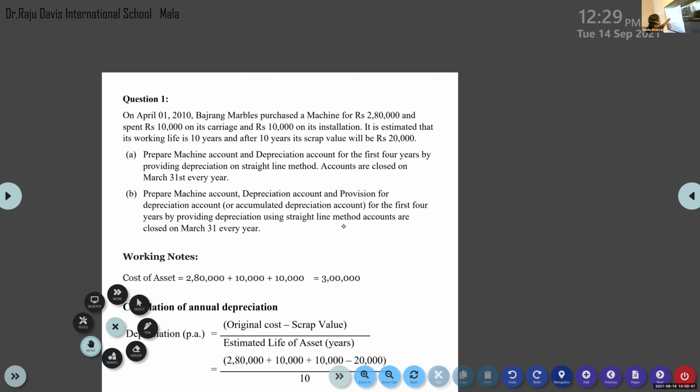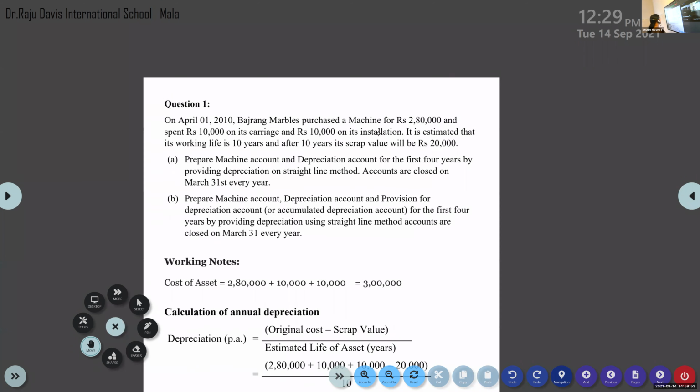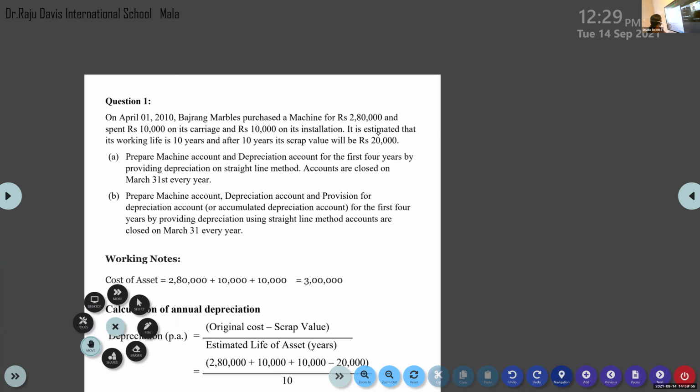So here you have the cost of asset, then the estimated life period of the asset, that is 10 years, and after 10 years its scrap value will be rupees 20,000. So the estimated scrap value is 20,000. These many details are given to you.